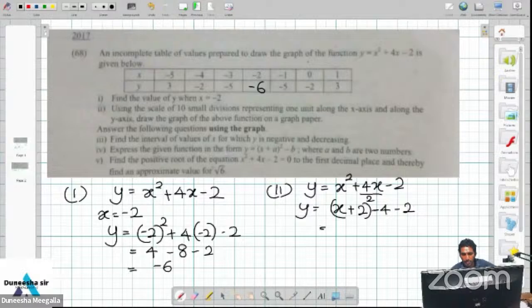Then අපි ආයෙ ඔන්න මම මේක extract කරලා පෙන්නන්නම්. X square plus 4x. What is 4x plus 4 plus 4? Then there is a minus 4. What is minus 4 plus 4? It's minus 2.